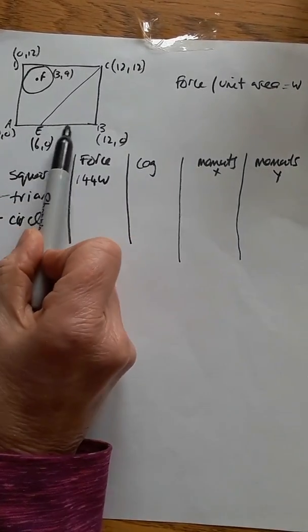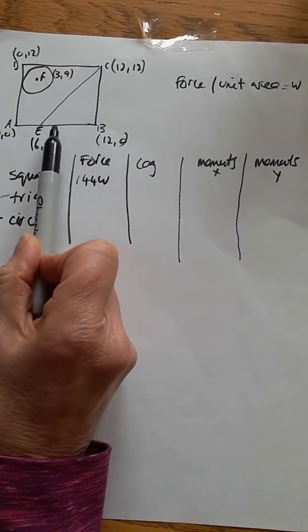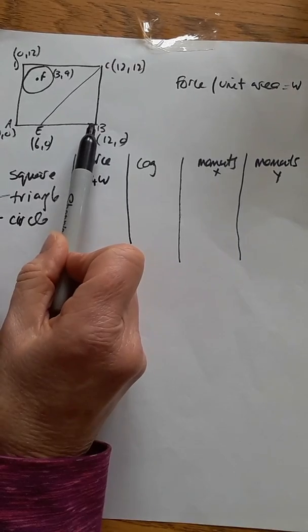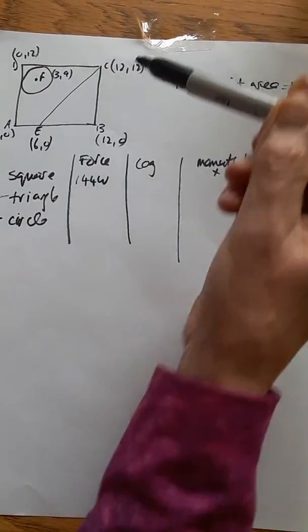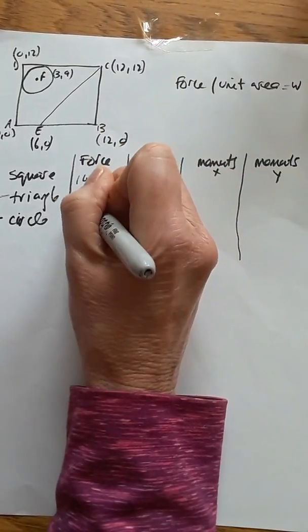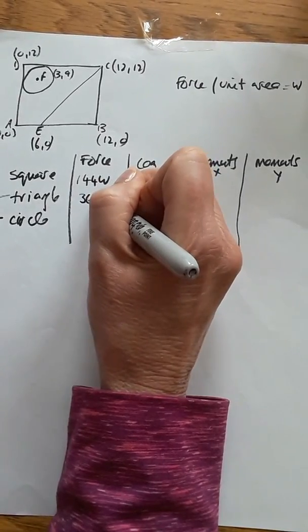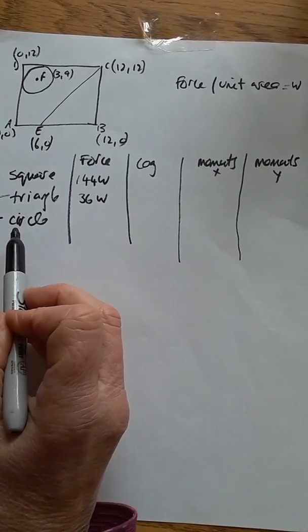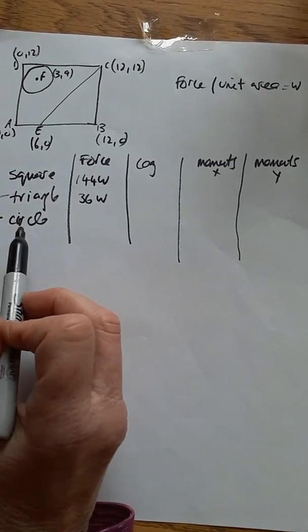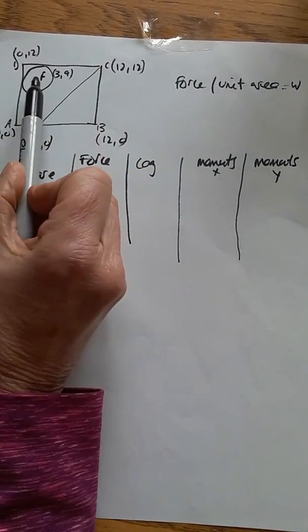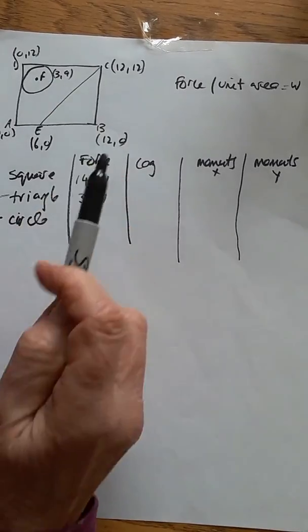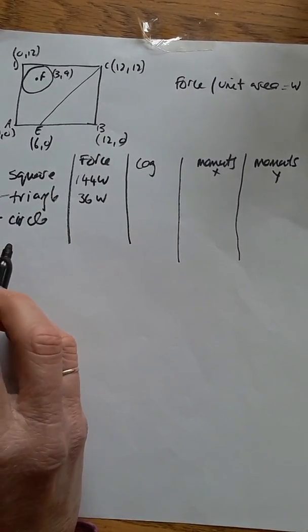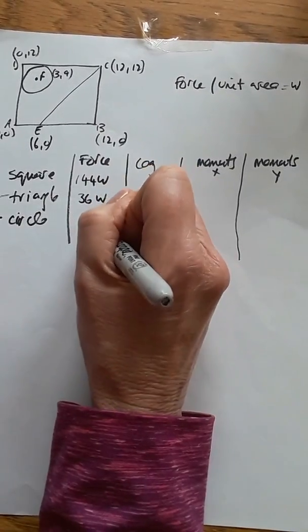The base of that triangle is 6 units, so half the base is 3. 3 times the perpendicular height of 12 is 36. The circle has an area of pi r squared. The radius of this circle is 3, so that's pi times 3 squared, which is 9 pi W.